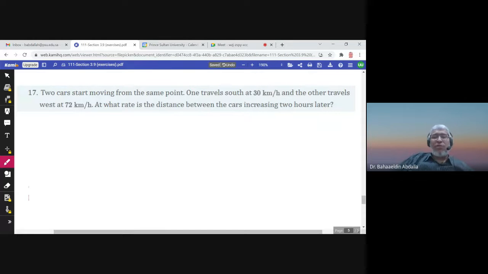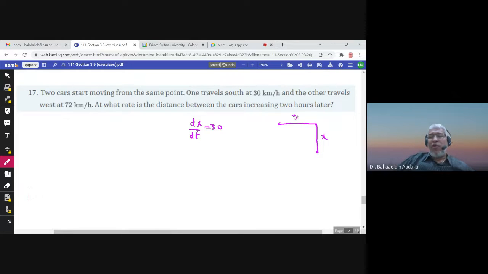Two cars start moving from the same point. One travels south at 30 kilometers per hour. If we call the distance traveled by this car x, then we have dx by dt. It is 30 kilometers per hour. The other travels west.